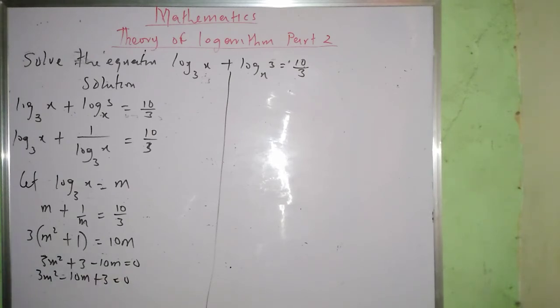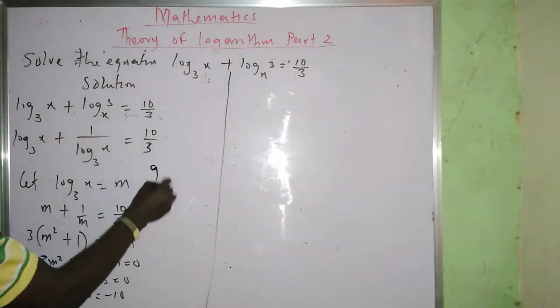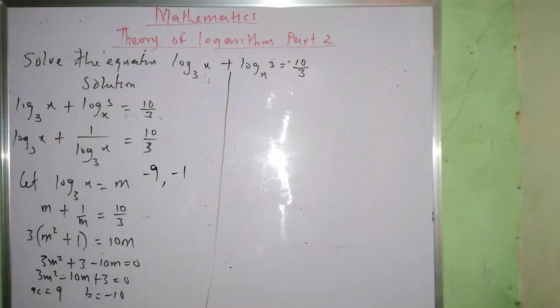Now, I want to factorize this problem. My AC equals 9, my B equals minus 10. What numbers can I multiply that will give me this particular number, and also add up to the number? It will give me 9 and 1: minus 9 and minus 1 to produce this number.